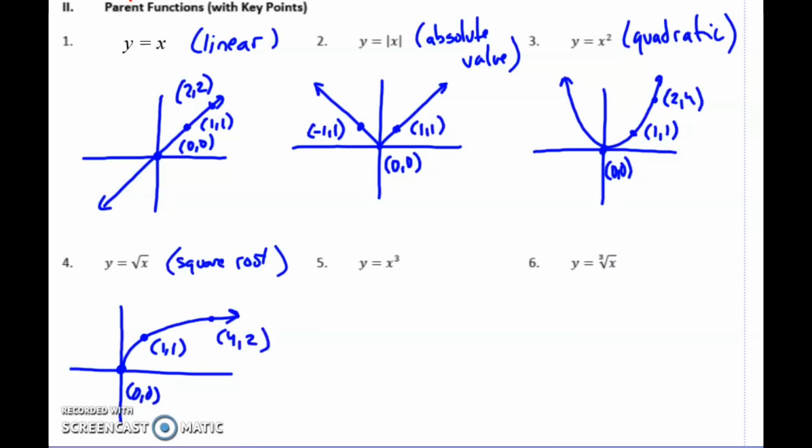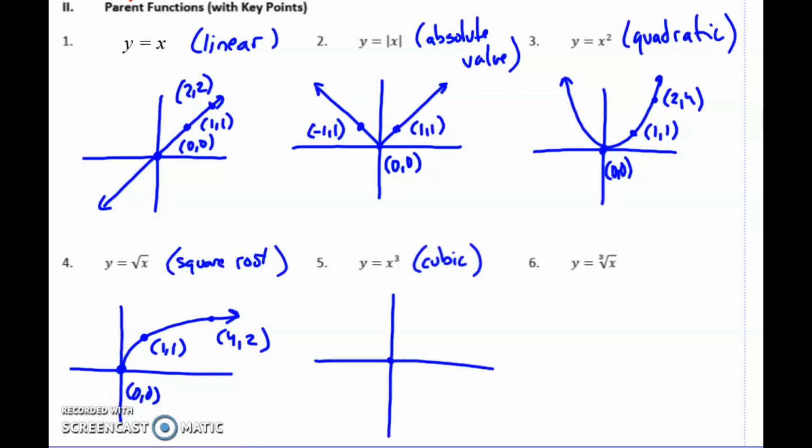So 4, 2 would be the next convenient key point. And then again, think of the other numbers you'd want to take the square roots of. 9, so 9, 3; 16, 4; 25, 5; and so on and so forth. Okay, our next one is a cubic, and we're cubing our domain.